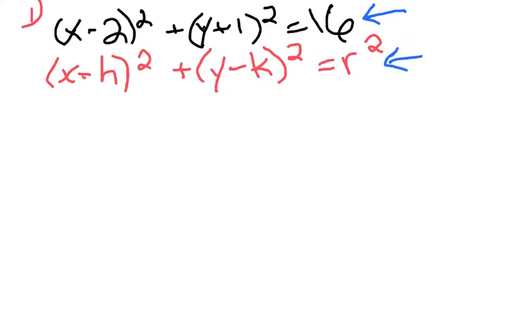And on this bottom line, you see the standard form of a circle, which is x minus h squared plus y minus k squared equals r squared.